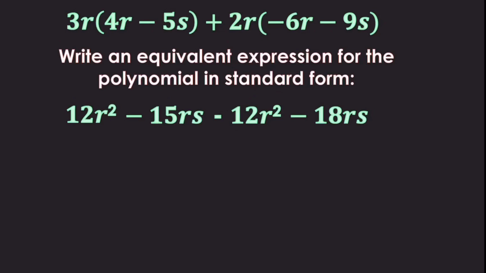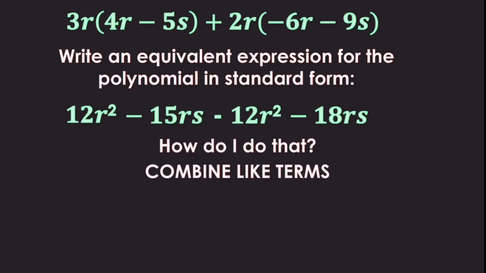Well, how do I now take this? It is now a polynomial because there are 4 terms. How do I write it in standard form? That's right. I combine like terms. So my like terms are 12r squared and negative 12r squared.